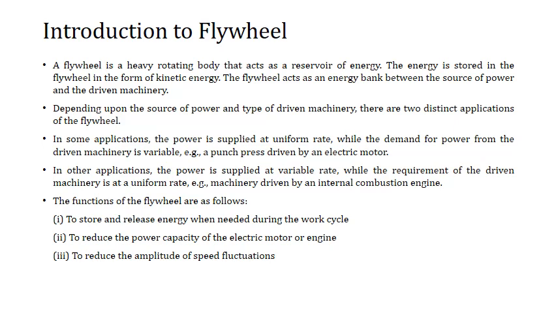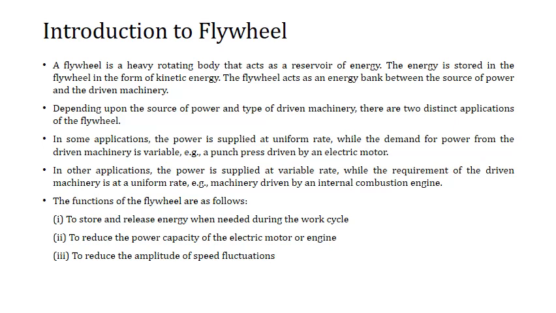The second category of the flywheel application is the application where the input power is received in a variable torque, whereas we need to drive the machinery with uniform angular velocity.